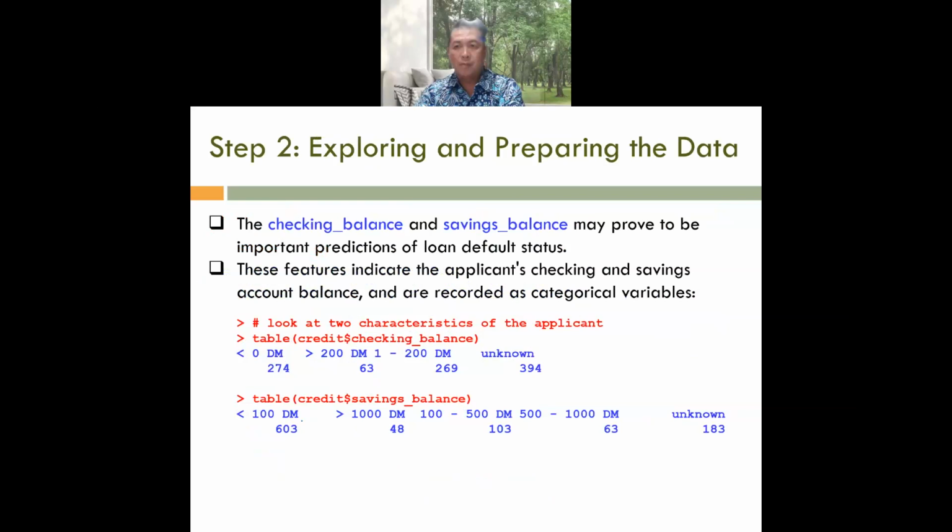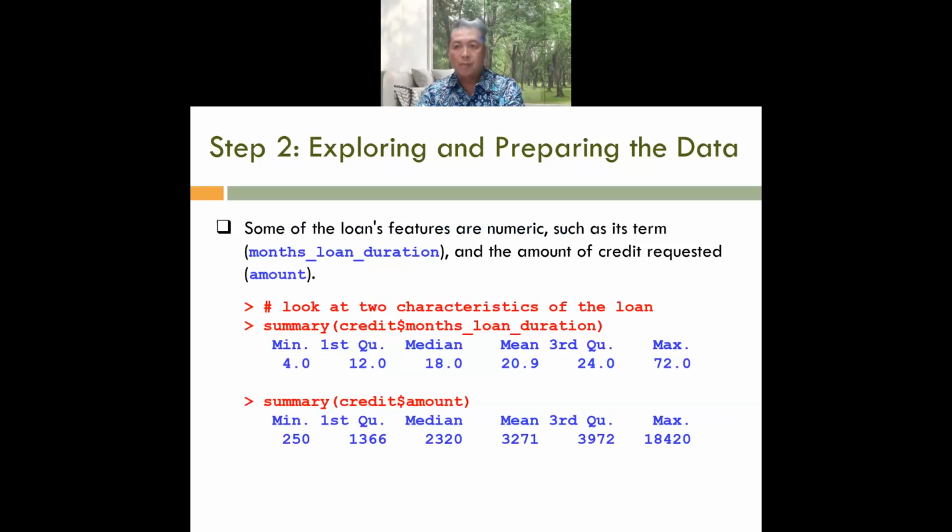So we can look at the checking balance. So how many of them are less than 0 Dutch money, or greater than 200 Dutch money, or between 1 to 200 Dutch money, or unknown. We could also check the saving balance.